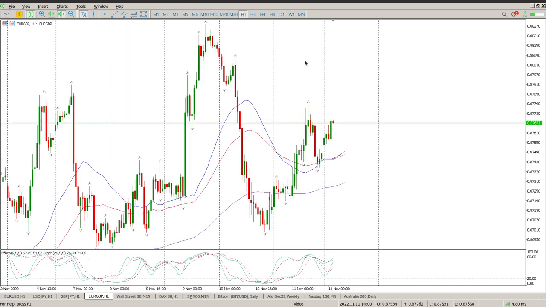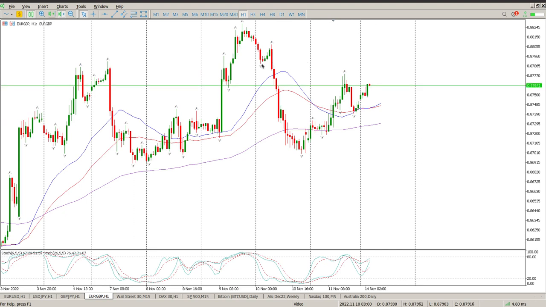So if we get to the weekly, sorry, we get to the hour, you can see last week big up, big down, and then on Friday just bouncing around. So I just want to see if we manage to hold this. Wasn't really a decent hold, so I think gap close, you're looking for price to come back to 087448.